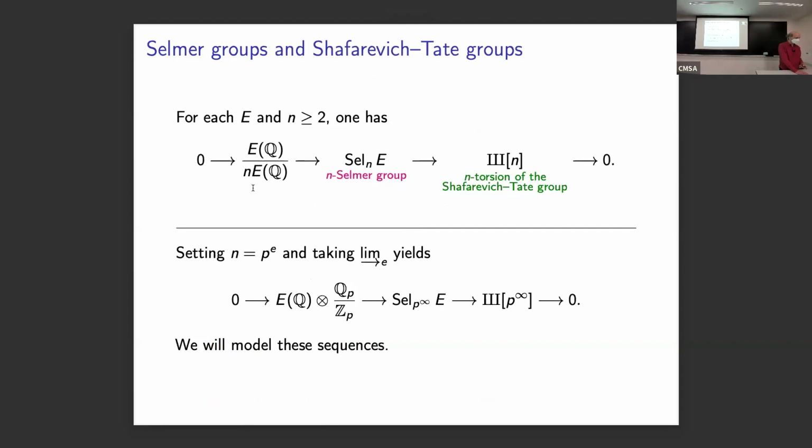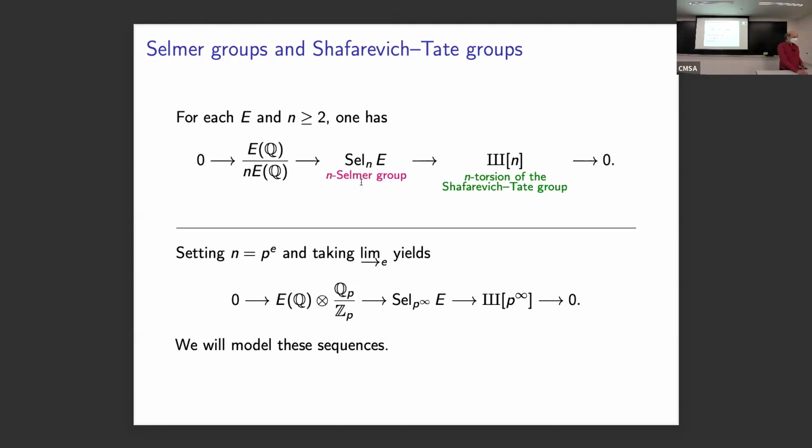And then the difference between this upper bound and the group that we'd like to compute is measured by the n-torsion in this mysterious Shafarevich-Tate group. So it would be really nice if this group weren't there. If that group weren't there, then the Selmer group would be telling you everything about the rank. But it is there, and sometimes it's not trivial.